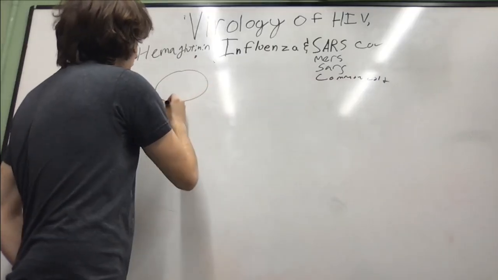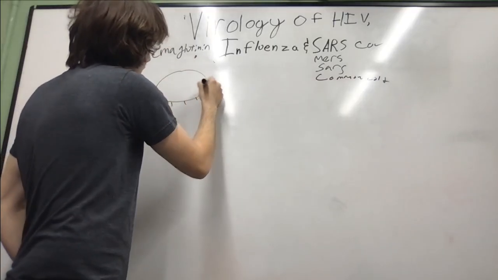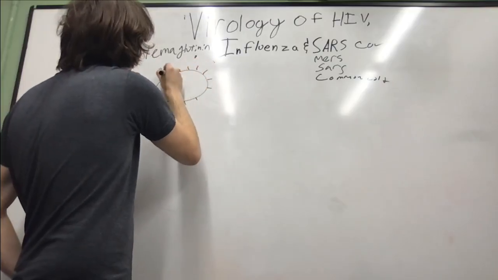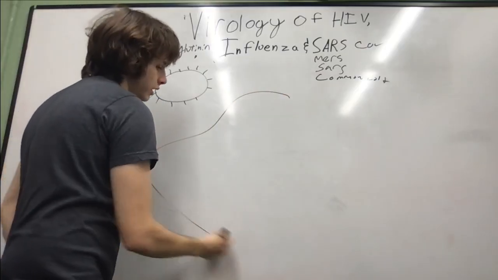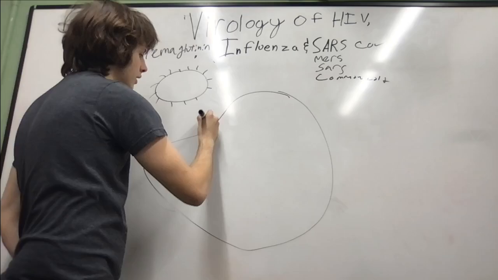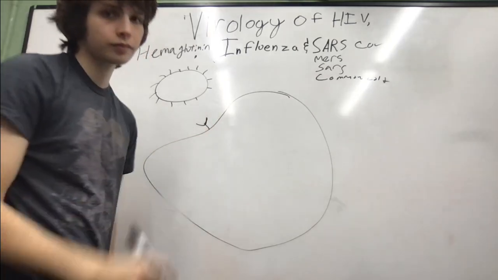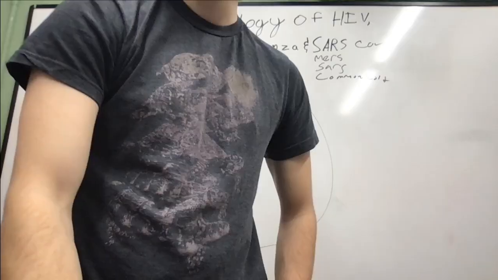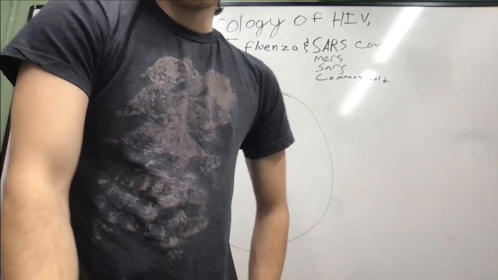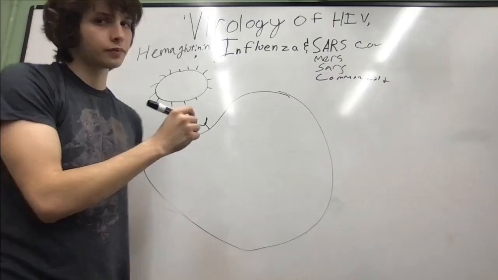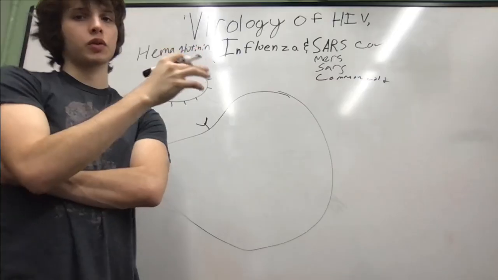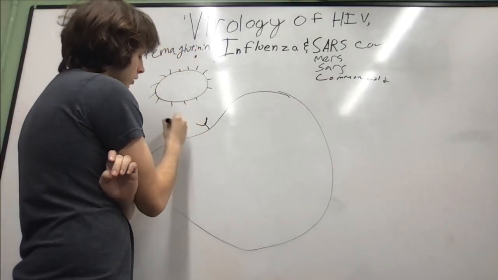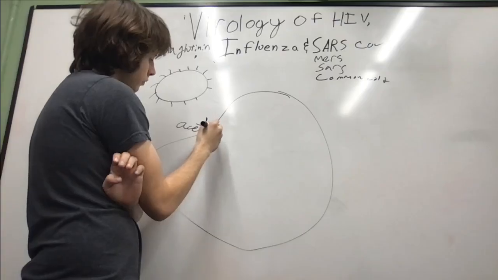But for COVID, let's draw COVID out here. He's got his little glycoproteins. And the cells that he likes to infect have ACE2 receptors. They're an enzyme, so he can bind to these ACE2.